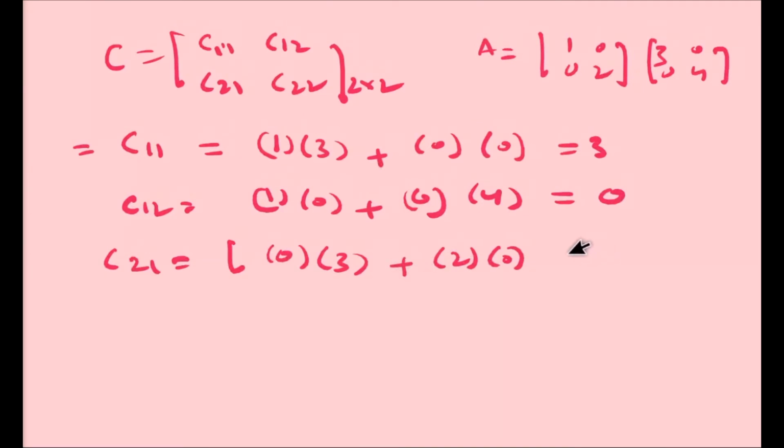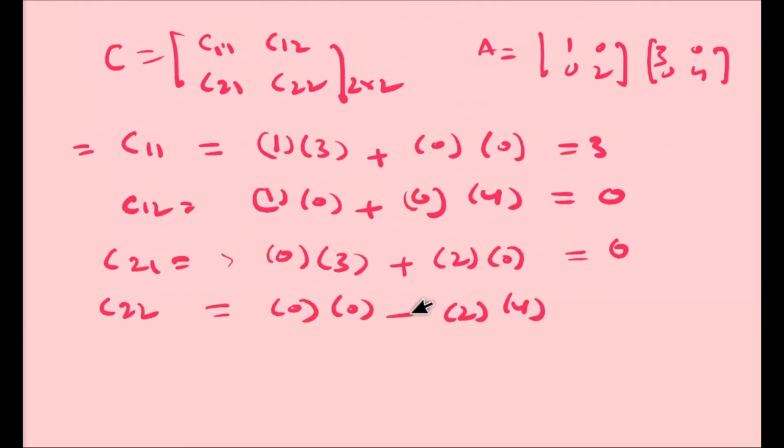So what we get here? 0. Now C22, second row and second column. So we get here 8. So when we fill, the result will be C11, C12, C21, C22, and this is what we get here: 3, 0, 0, 8.